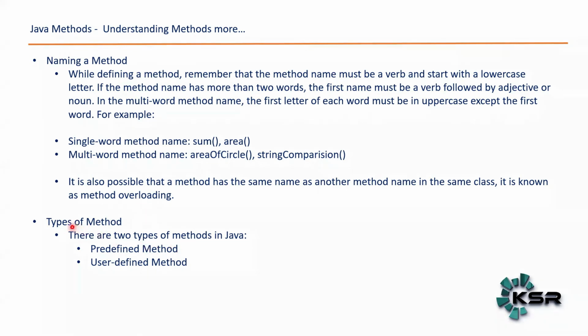So what are the types of methods? There are two types of methods. One is predefined method, the other one is user defined method. So what is a predefined method? We have not seen those kinds of methods yet. Maybe down the line we'll see. For example, you create an array, right?